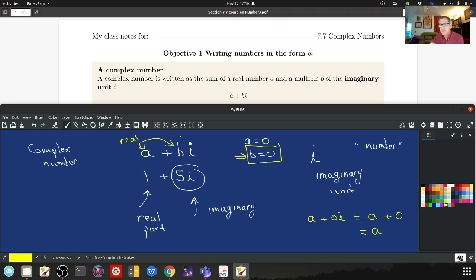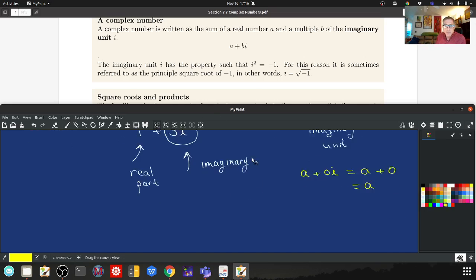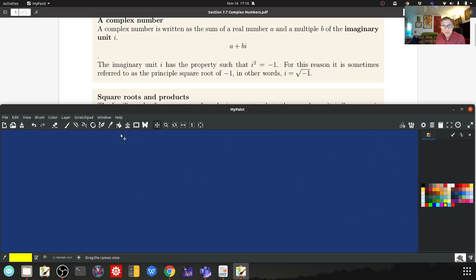So what is this new i? What properties does it have? Well, the easiest way to do that is just to define it. So we're going to define i. What is i? Many times in math, to define something, we'll put two dots and then an equal sign.